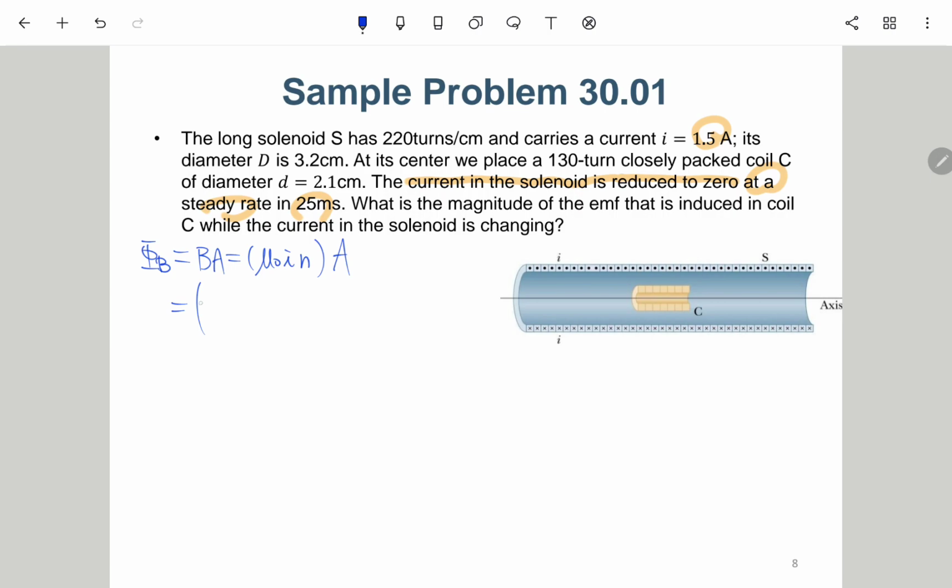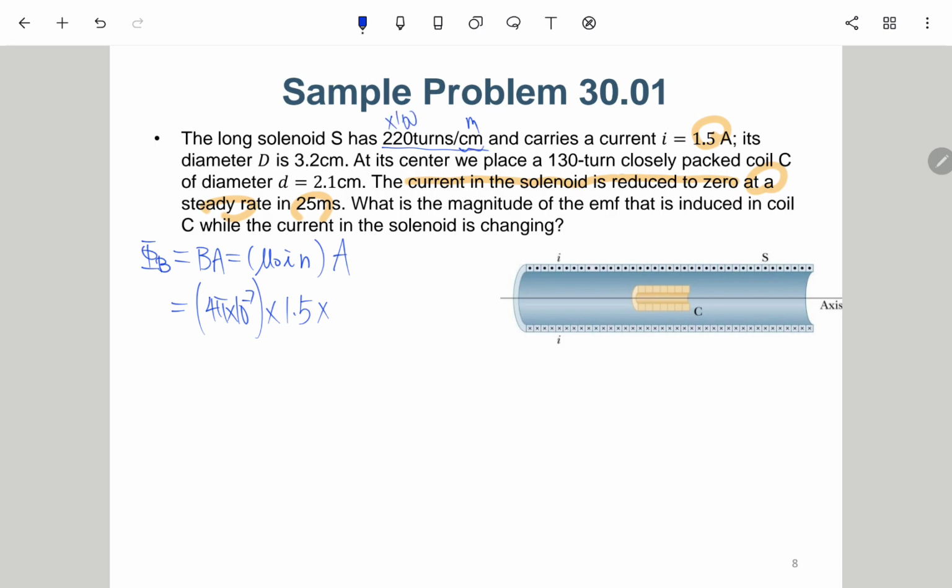Okay, so mu 0 is 4 pi times 10 to the negative 7. And then we have I. I is 1.5, and then times n. Okay, this is 220 turns per centimeter. But the SI unit should be meter, so we need to convert it to meter by multiplying by 100.